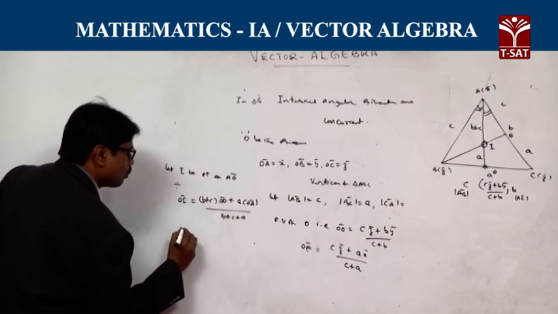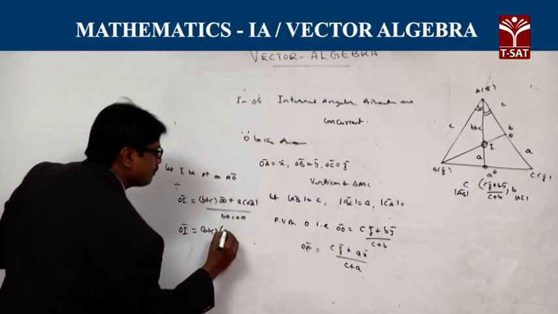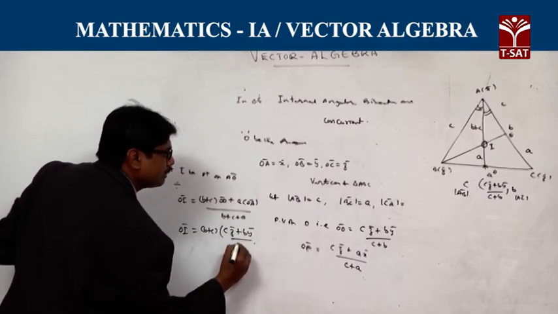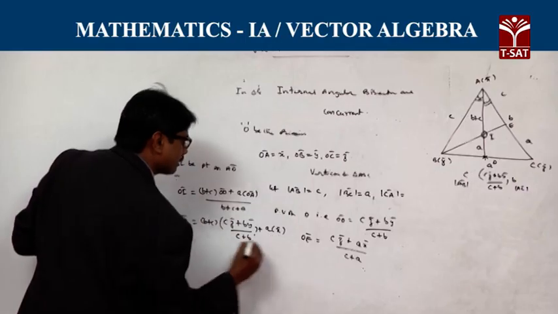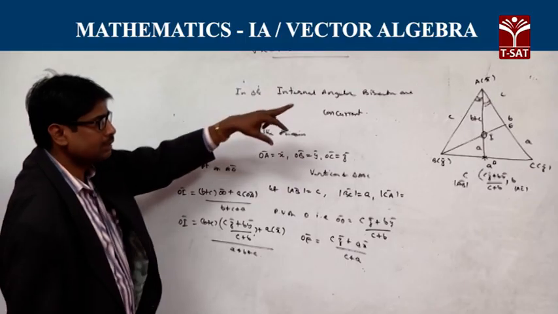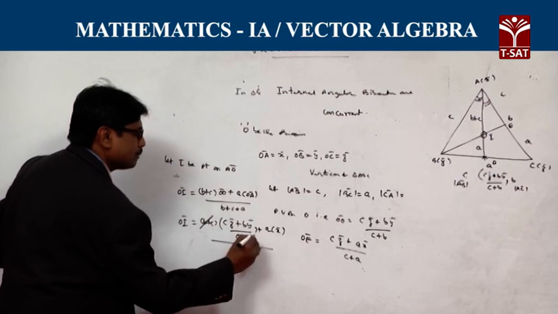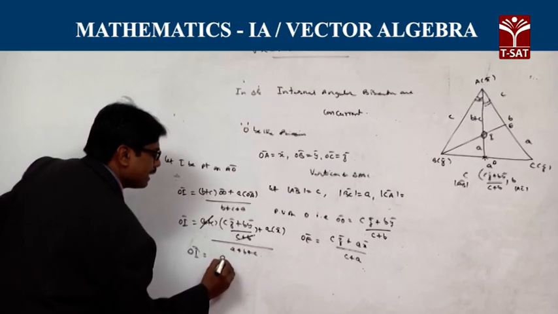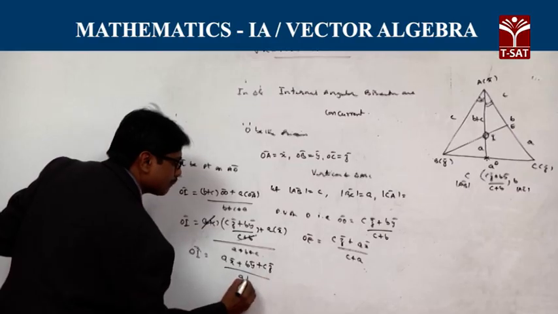That is nothing but OI bar is equal to b plus c into OD bar, where OD bar is c times z bar plus b times y bar divided by c plus b, plus a times x bar, all divided by a plus b plus c, because sides are real numbers and they follow the associative and commutative laws. So if you cancel b plus c, the position vector OI bar will be equal to a times x bar plus b times y bar plus c times z bar, divided by a plus b plus c.